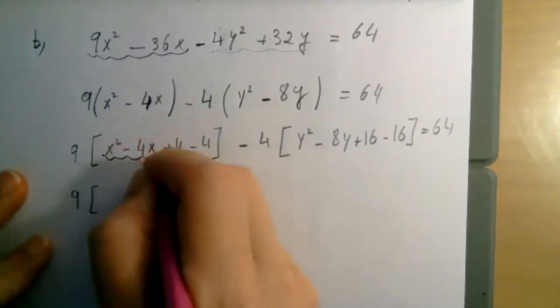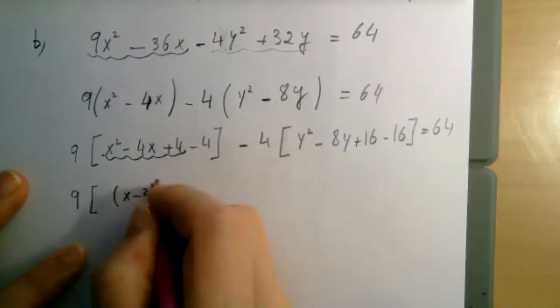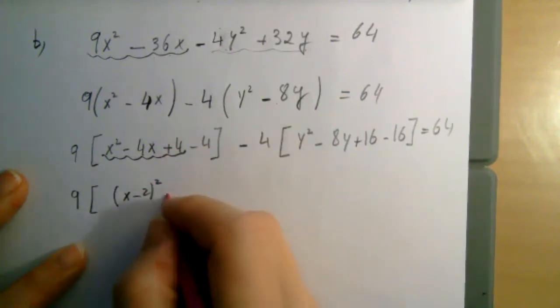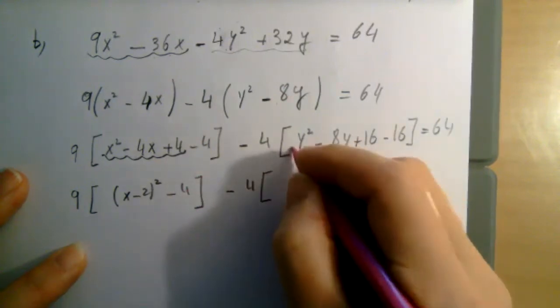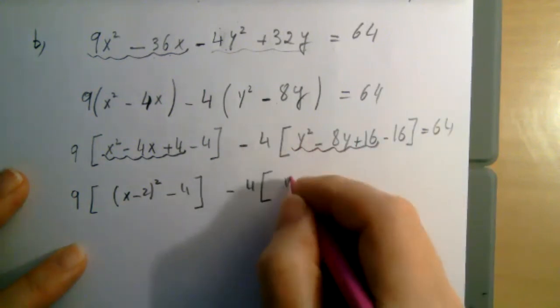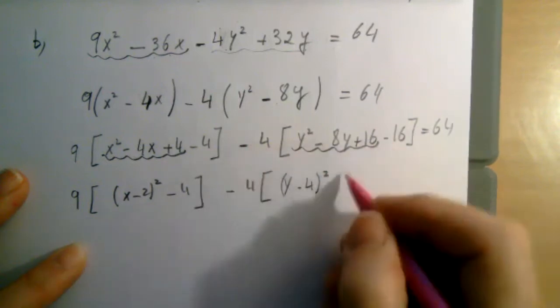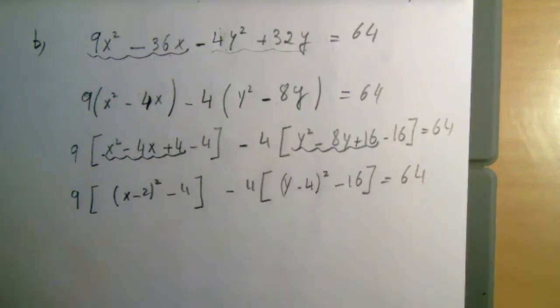Now the first terms give me my first complete square. Minus 4 times, this gives me my second complete square, which is y minus 4 squared, and minus 16 equal to 64.